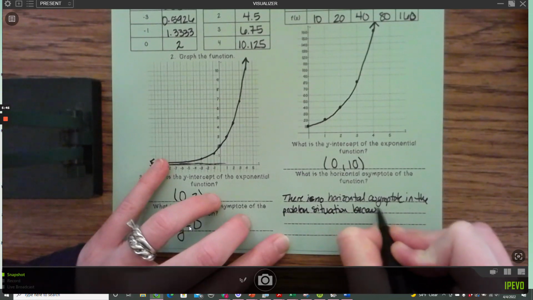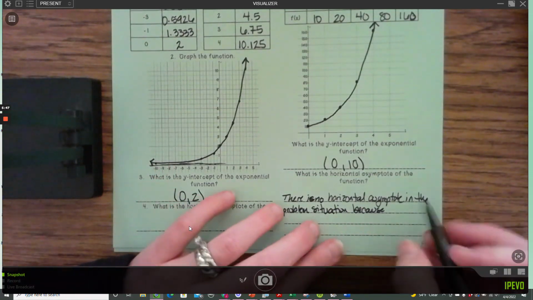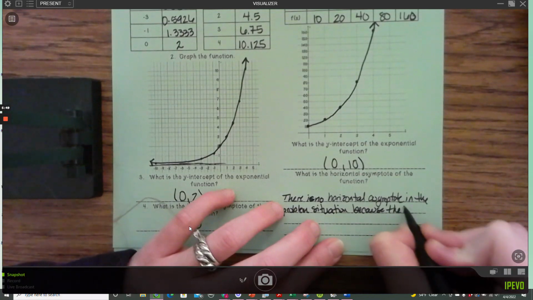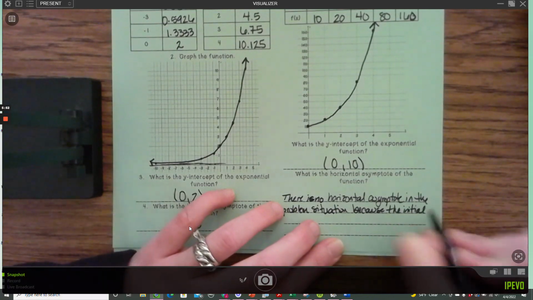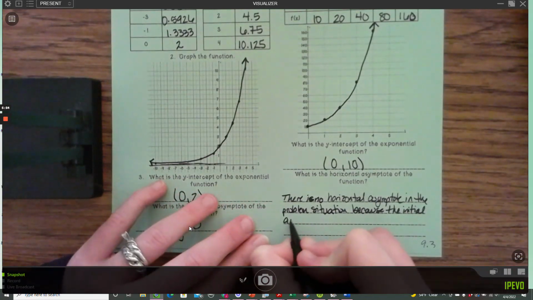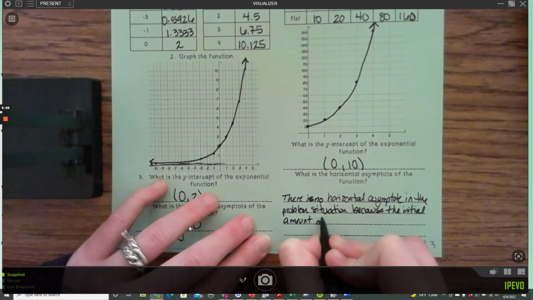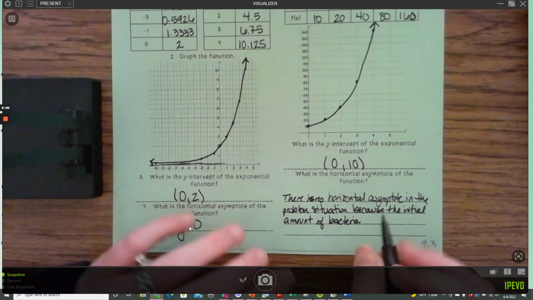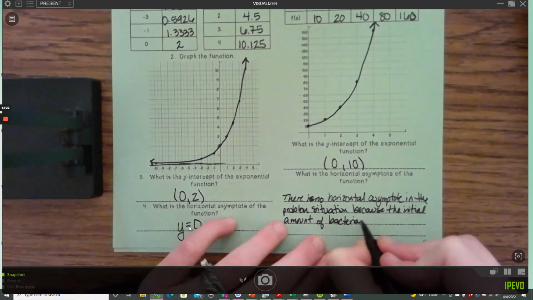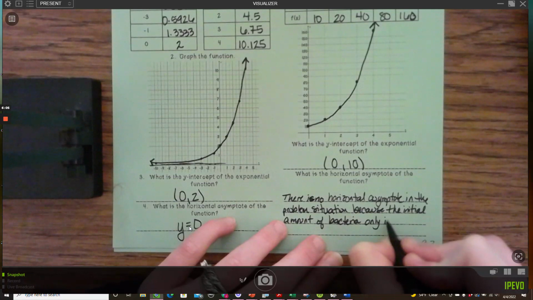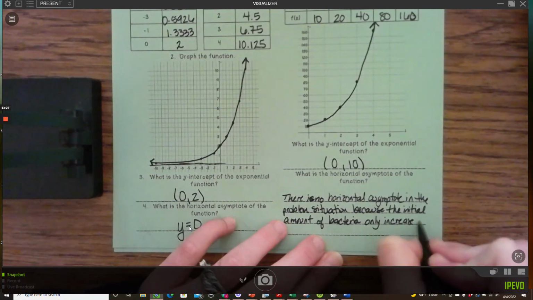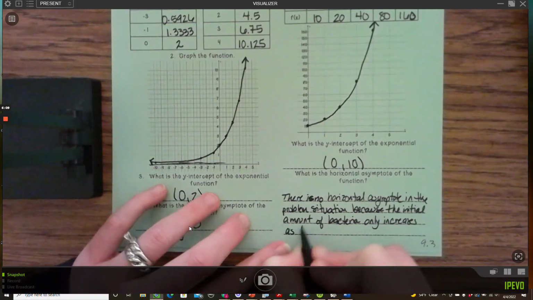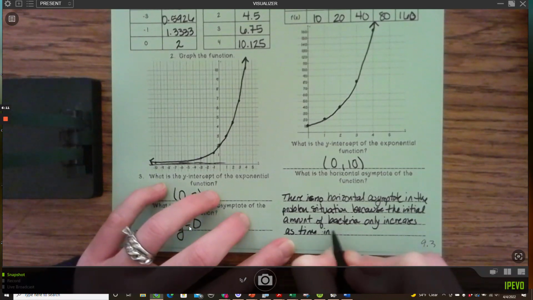because the initial amount of bacteria only increases as time increases.